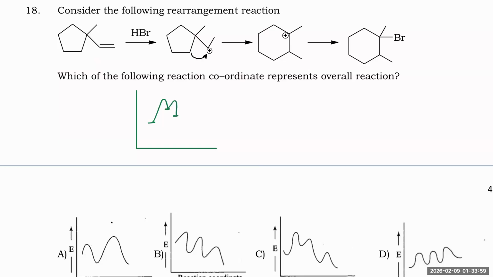From there you should become a second carbocation. From there, you should become the product like this. This is the kind of form you should have, where you have three transition states and two intermediates. These two are intermediates. Search for a graph like this, and the product line should be lower than the reactant line because it is exothermic.